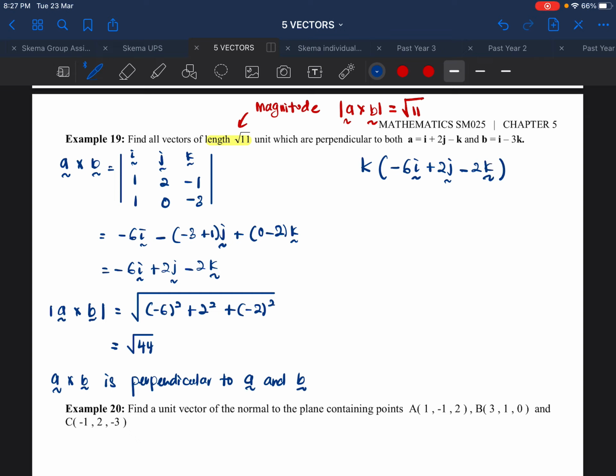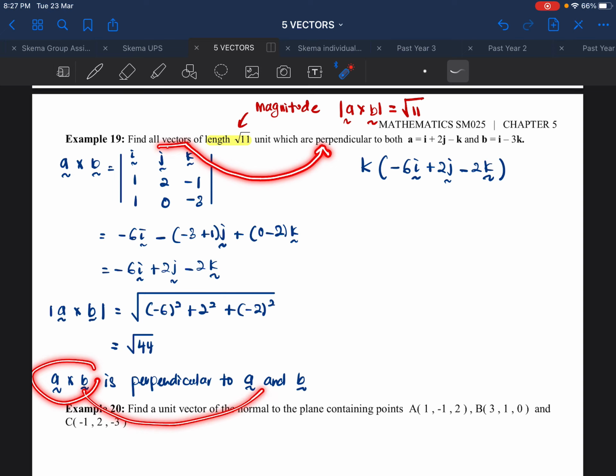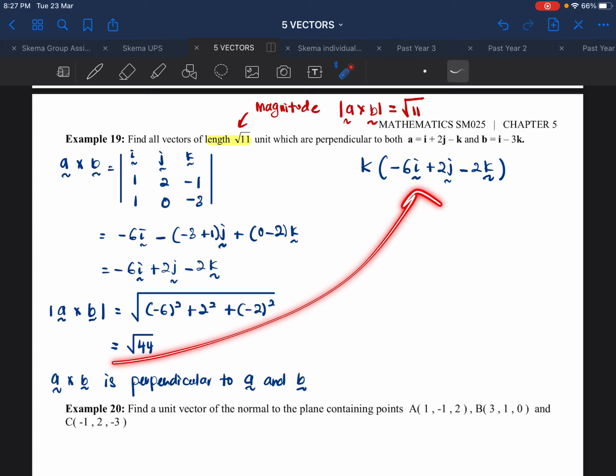Faham ke kat sini? Sebab kita tahu dia cakap find vectors which are perpendicular to both A and B. Kita letak K kat sini, sebab sekarang kita nak cari magnitude kita square root 11.